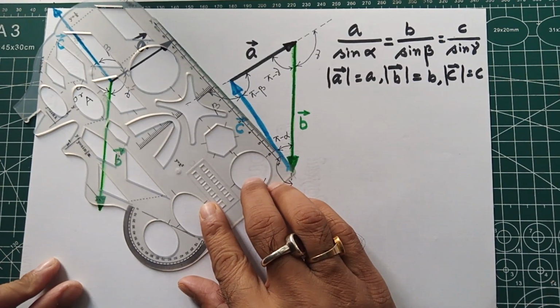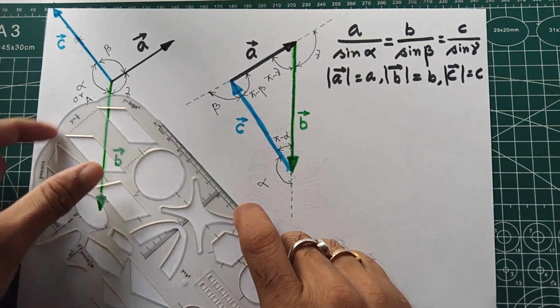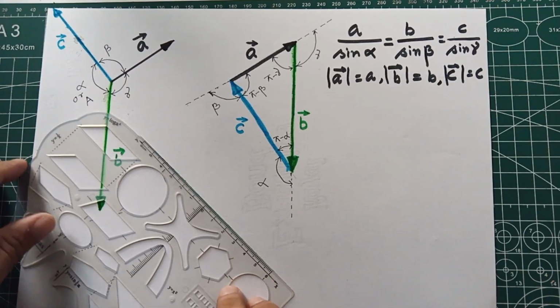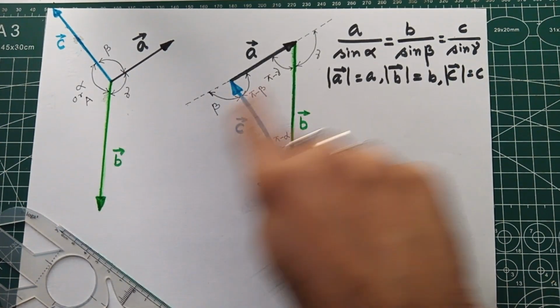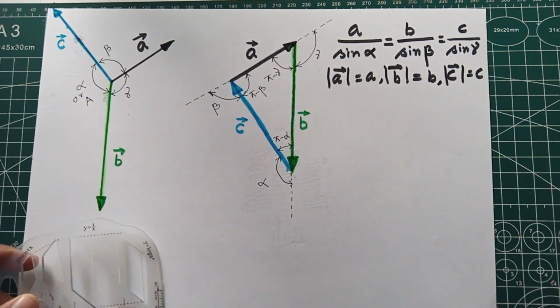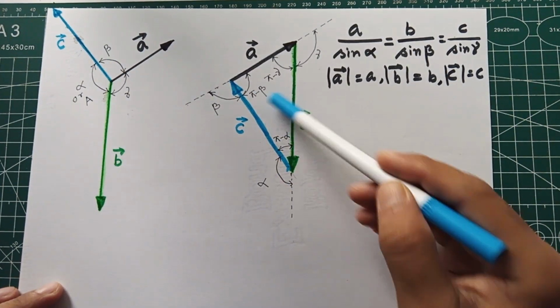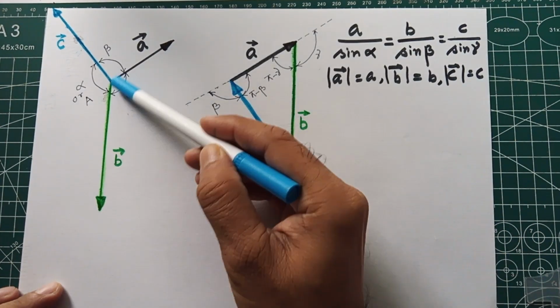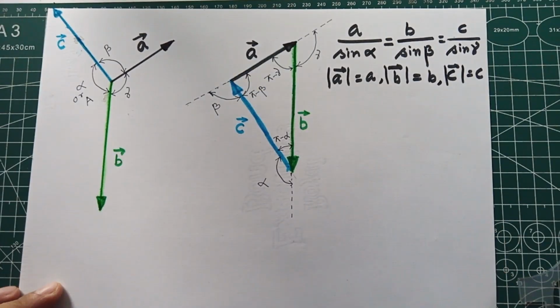Maintain the lengths. Surely they will form a closed triangle. Although during examination you need not measure and show. Simply show it by eye estimation. Okay. So it will be enough. For your understanding, I am telling that this length is equal to this length, and this length is equal to this length.